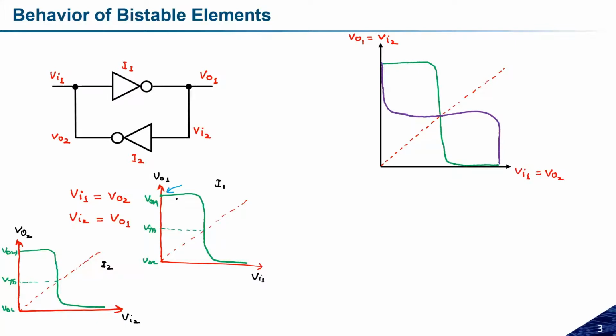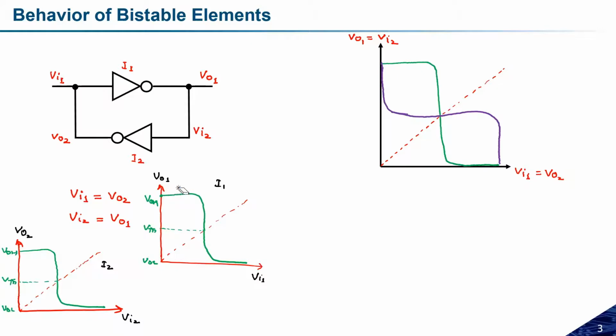It is a fixed logic, so we call this node the stable node. Similarly, this logic level is also a stable logic level. If any of the circuits is giving this particular logic, it means it is stable at logic 1. Similarly, if any inverter is giving this particular logic, we can say it is stable at logic 0.